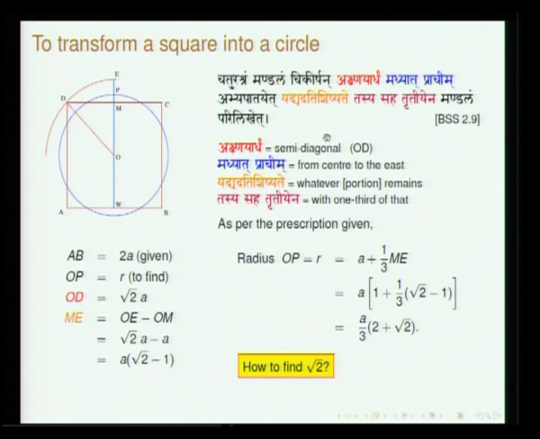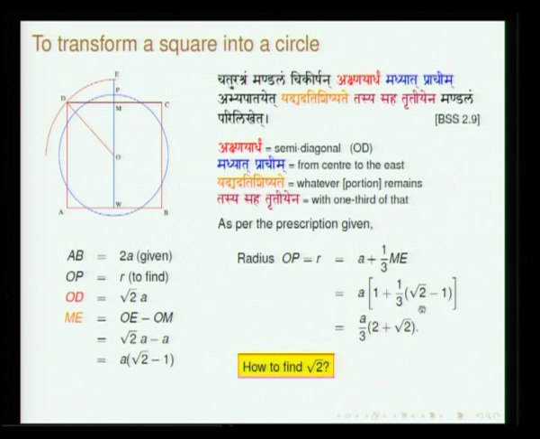So, what does this prescription amount to? Let us look into the details jotted down here. Let AB be 2A, the side of the square is 2A. OP is the radius of the circle whose area is going to be roughly the same as that of the square. OD is equal to root 2A obviously. Then ME is root 2A minus A. That is the portion that is atishesha, which is exceeding.